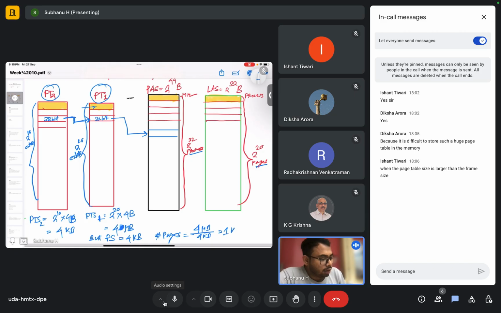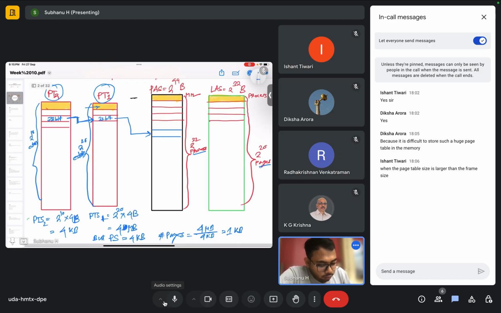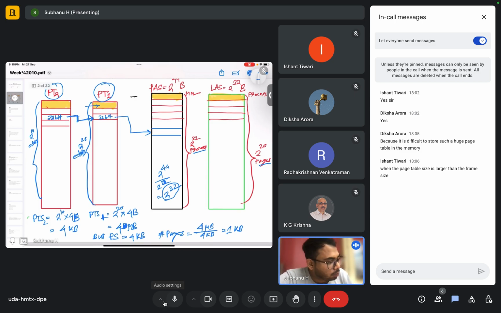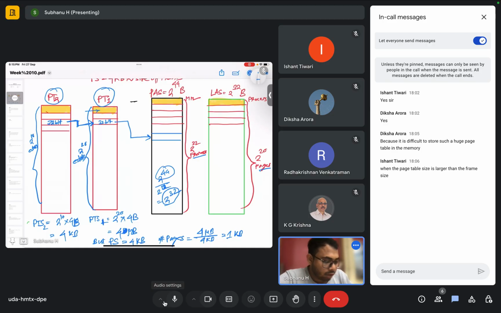Now if the page size, PS, is 4 KB, this is equivalent to the size of frames. Page size means size of frames. So what is the size of a frame? This one frame size, or this one, is also 4 KB, and this is also 4 KB.